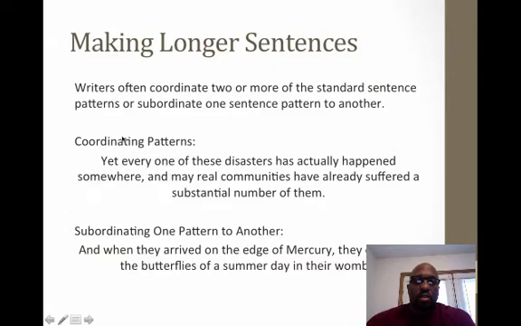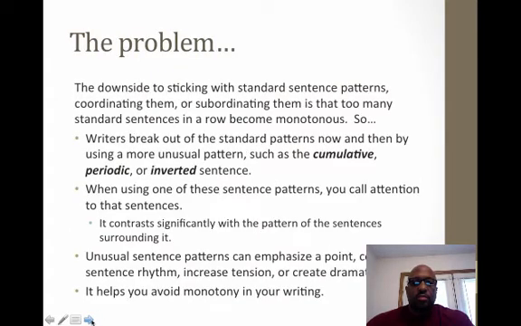So we've coordinated the two smaller sentences using a conjunction and combining them, or subordinating one pattern to another. "And when they arrived on the edge of Mercury, they carried all the butterflies of a summer day in their wombs." So again, taking two sentences and combining them to make a longer sentence.